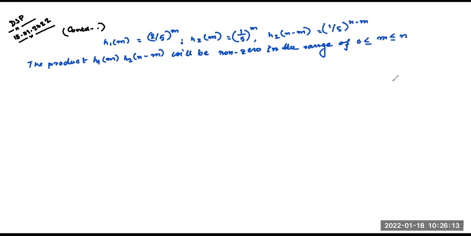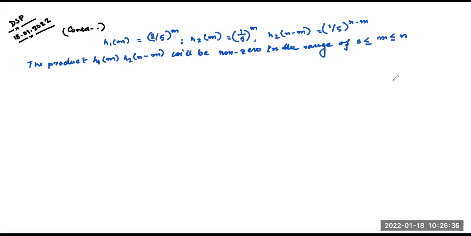So the unit step signal is what? From 0 to n it is satisfied, and after that it is 0. Anything multiplied by 0 will be 0. So that will be 0 to n.